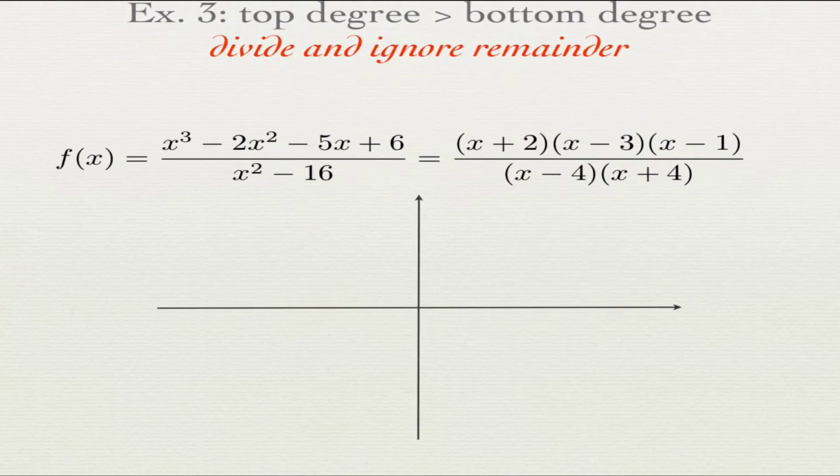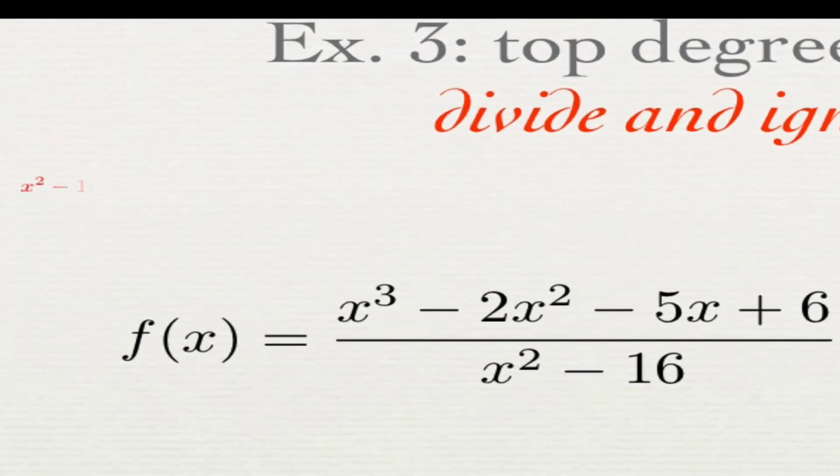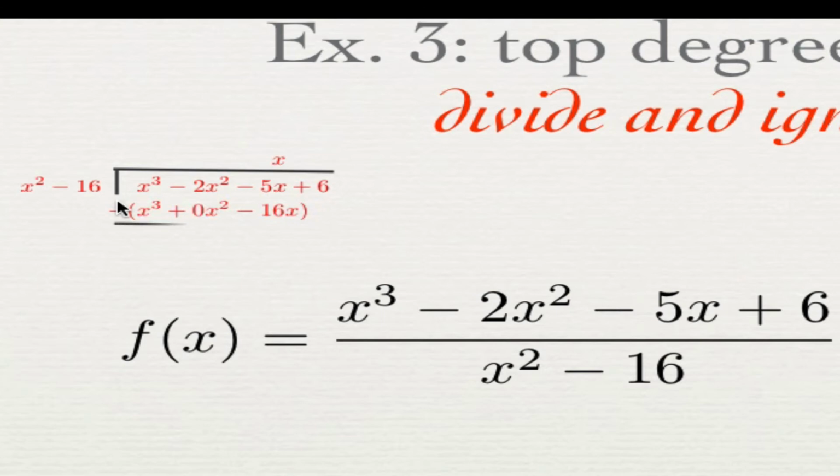Our final example, when we have a third degree over a second degree, we have the situation where the top degree is larger than the bottom degree. And the idea here is to divide and ignore the remainder. So let's do a little bit of division. We look at the leading terms. x times x squared will give us x to the third. Multiplying that through, we have x to the third minus 16x.